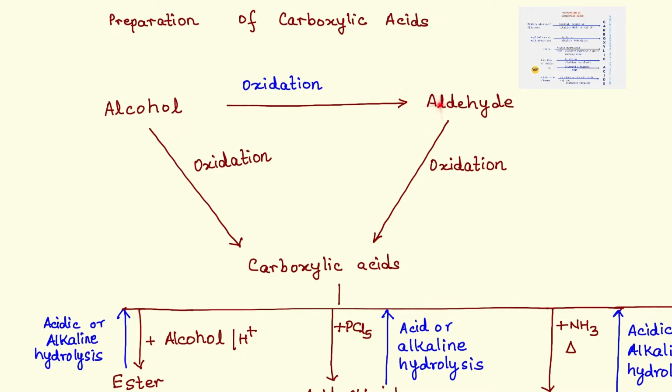Alcohols on oxidation give you aldehydes, aldehydes on oxidation give you carboxylic acids. If you use strong oxidizing agents, then even alcohols can get converted to carboxylic acids. Only thing is you have to use a strong oxidizing agent so that alcohol goes to aldehyde to carboxylic acid.